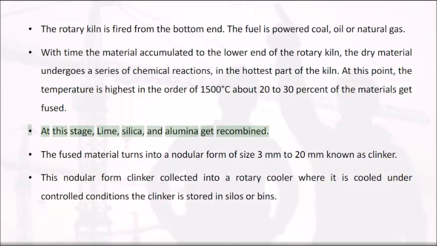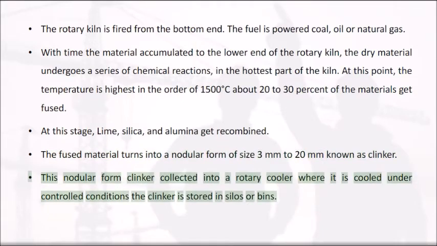At this stage, lime, silica, and alumina get recombined. The fused material turns into a nodular form of size 3 mm to 20 mm known as clinker. This nodular clinker is collected into a rotary cooler where it is cooled under controlled conditions. The clinker is stored in silos or bins.